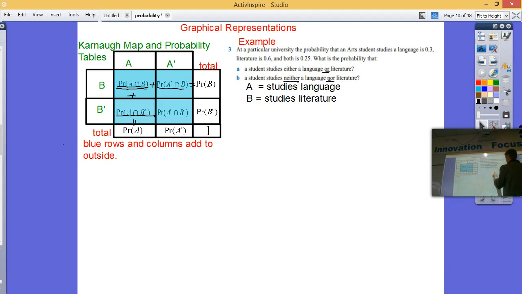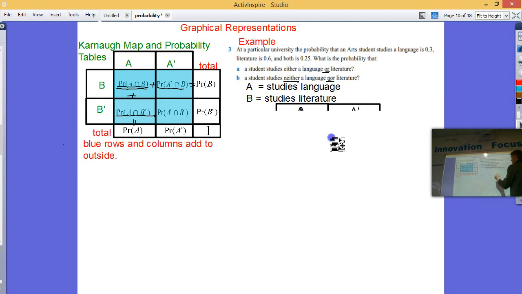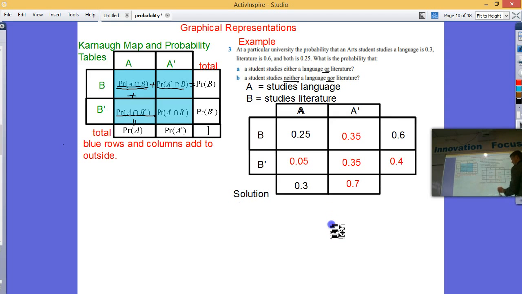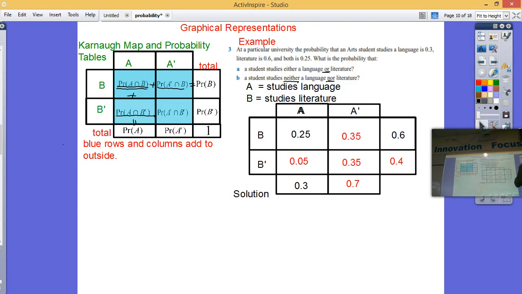So first point is to consider how this information can be broken down into a Karnaugh map. Now, all the points in black are the information given to us in the problem.